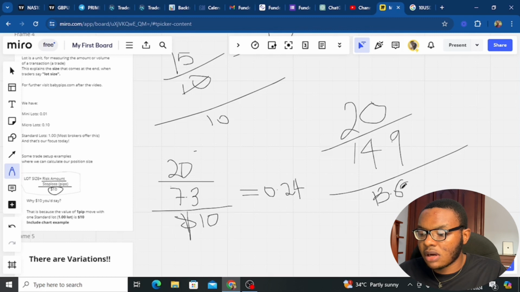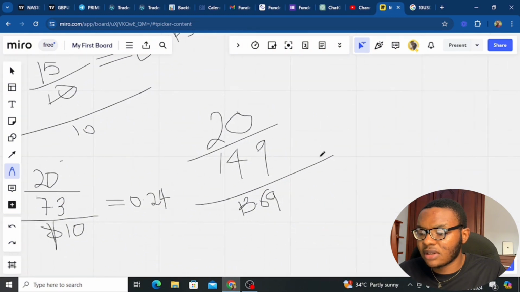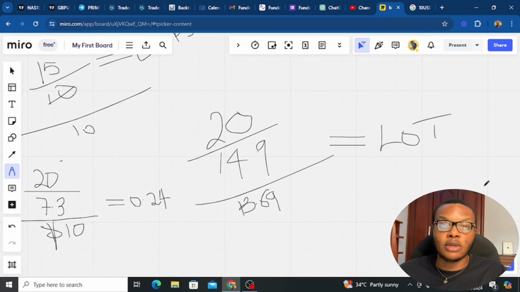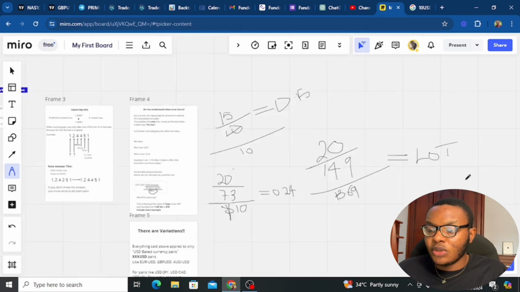If you do the maths, whatever this gives you becomes your lot size. Alright, simple as that.